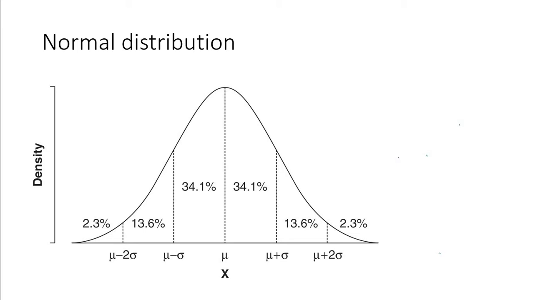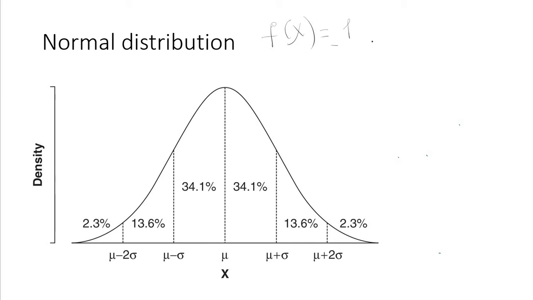So the formula is pretty complicated, that's why we will analyze it step by step. First of all, f of x is the value of probability depending on the value of the independent variable.